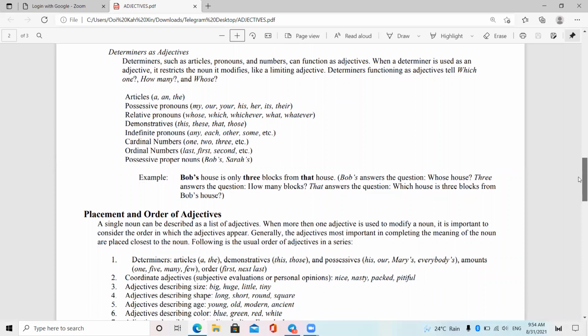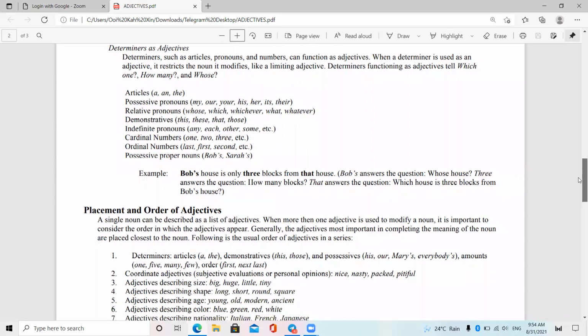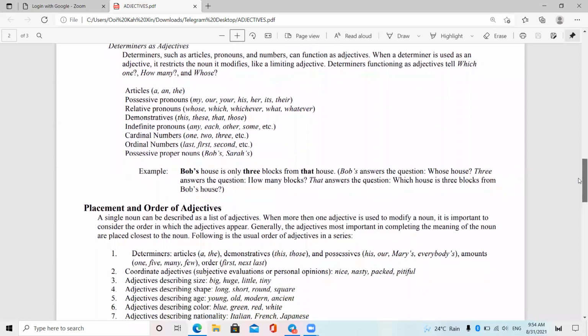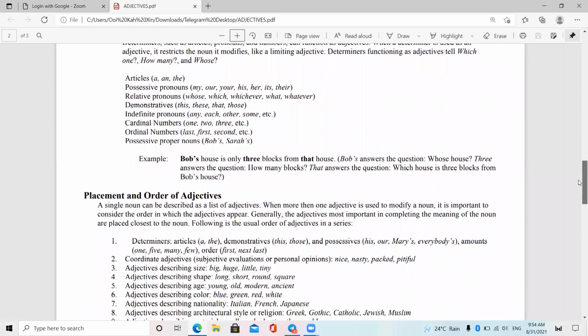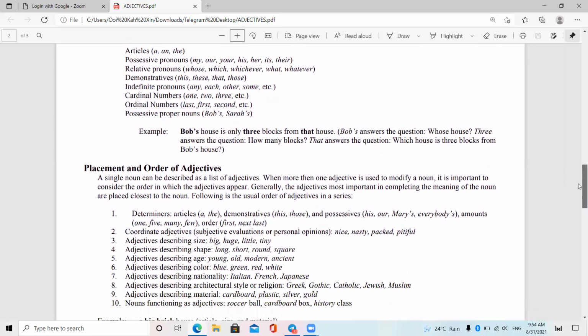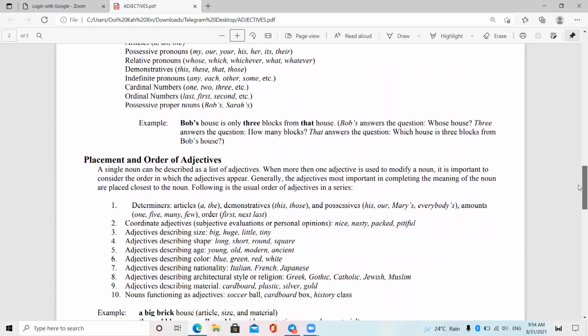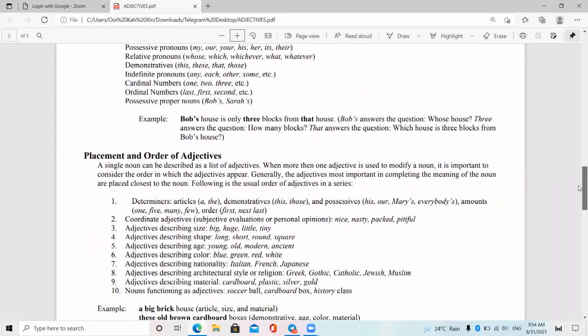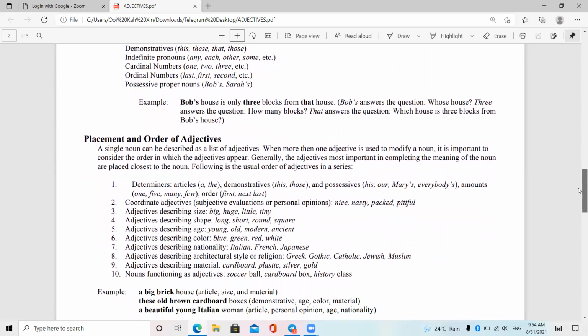They include articles, possessive pronouns, relative pronouns, demonstrative pronouns, indefinite pronouns, cardinal numbers, ordinal numbers, and possessive proper nouns. Example: Bob's house is only three blocks from that house. Bob's answers the question whose house. Three answers the question how many blocks. That answers the question which house is three blocks from Bob's house.